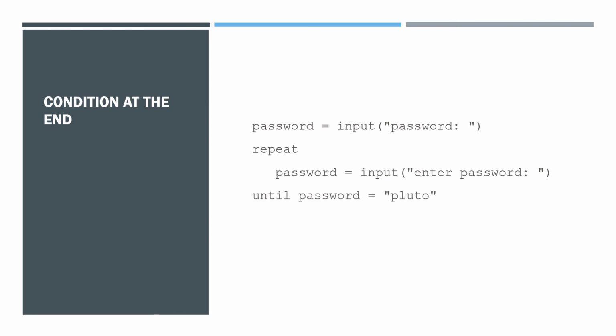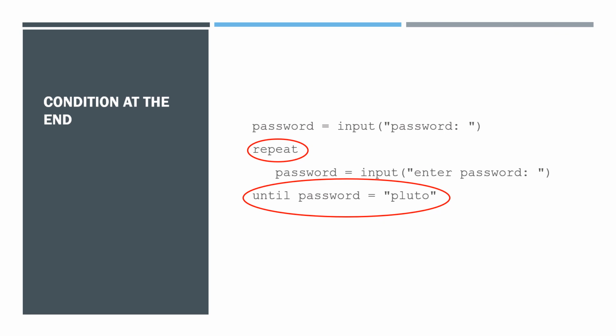There is another form of condition-controlled loop, like the case statement. I haven't seen this come up very often, but I think you need to be aware of it. This kind of loop begins with the word repeat on its own, and then the condition is at the bottom of the loop.